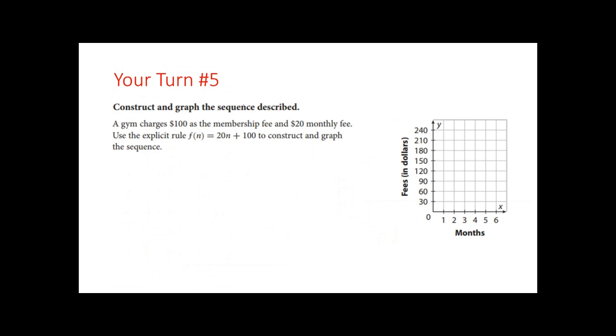All right, your turn number 5, construct and graph the sequence described. So it's just very similar to the last one. The only difference is, well, there's no table. So you should probably create a table. And look at your domain. We have 1, 2, 3, 4, 5, 6. So if you were to create a table, which is totally understandable, it'll keep you organized.